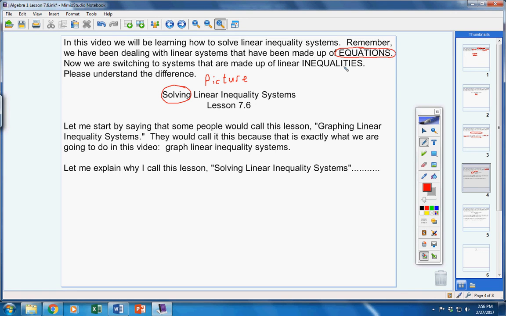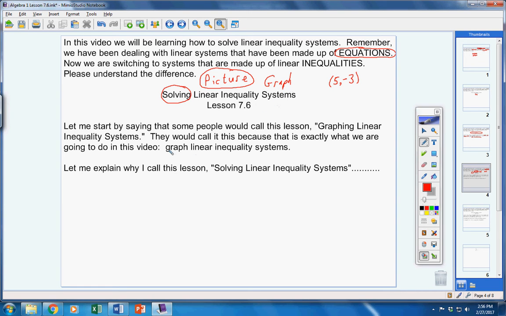Remember when you solved systems with equations, you would get answers like 5 comma negative 3. When you're solving linear inequality systems, you're not going to get nice pretty answers like this. The only way to solve these is to get a picture or a graph of the system.